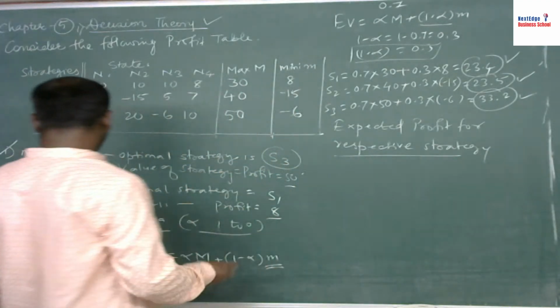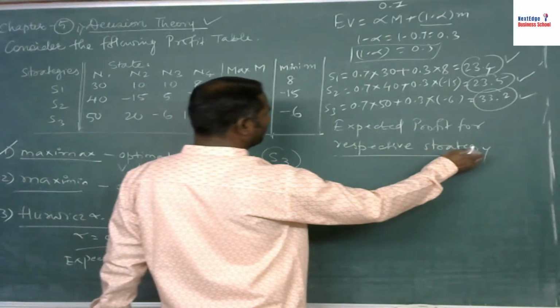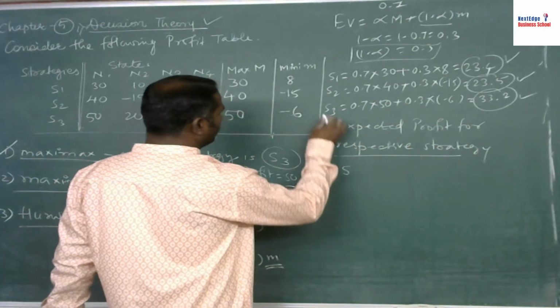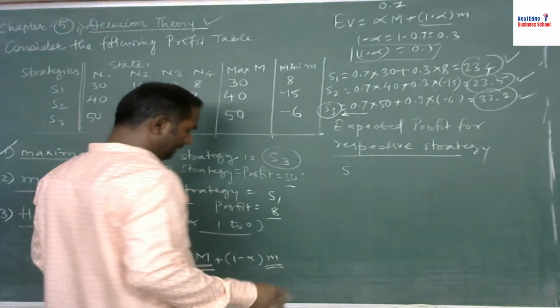So for the Hurwitz alpha criteria, the expected profit for the given profit table is highest in S3. So write S3 here and show an arrow here. It is highest, right?